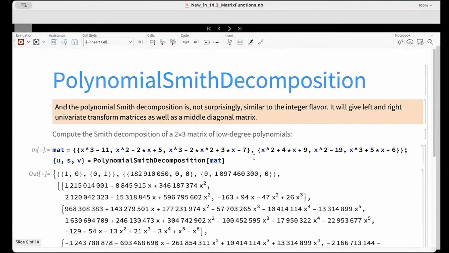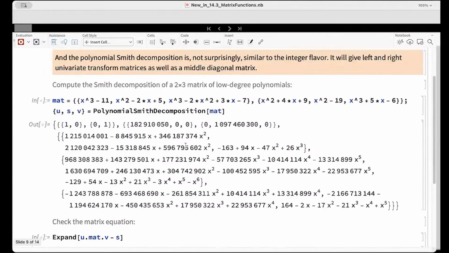As with the integer Hermite decomposition, there's also an integer Smith decomposition. And it's the same with the polynomial case. Here we actually diagonalize the matrix because we now allow transformations on both sides, the left U and the right side V being the transformation matrices.